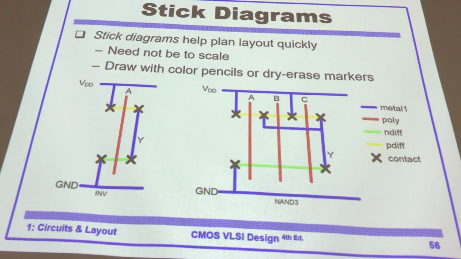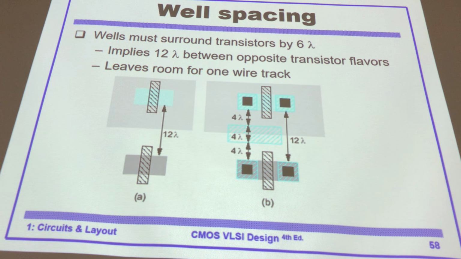For example, before we give an example, besides the wire track, the wire spacing is also given by the design rule that wire must surround the transistor by 6 lambda. Again, it depends on your specific process, but the design rule provided in the textbook requires this 6 lambda.